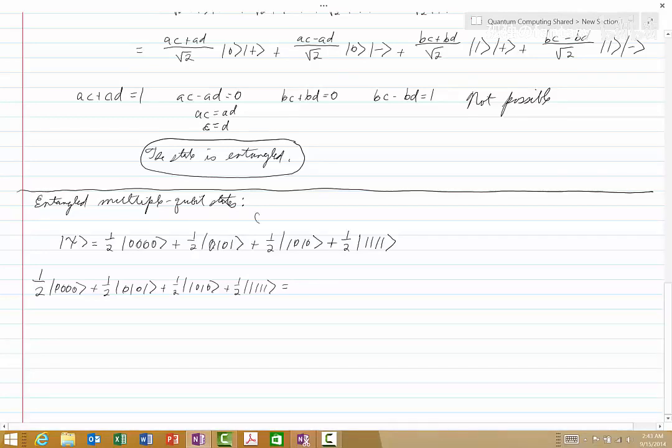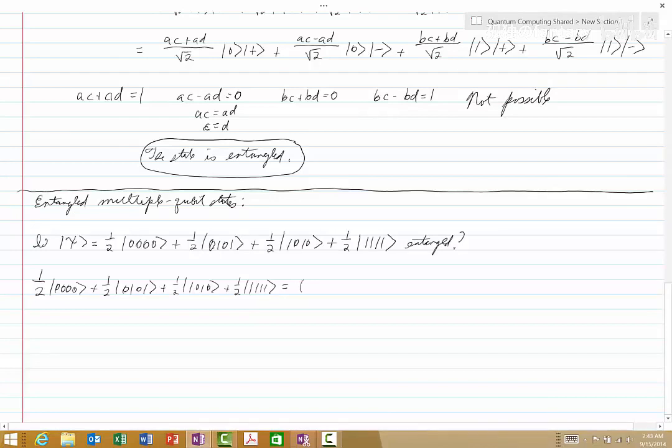Then if that was the question and no more information was given, what we would do is the following.